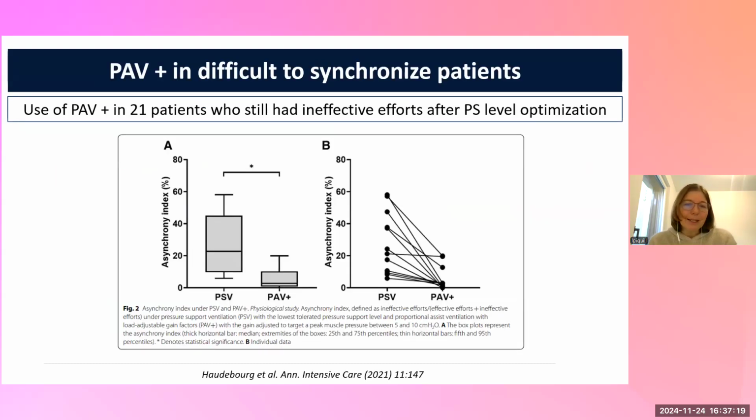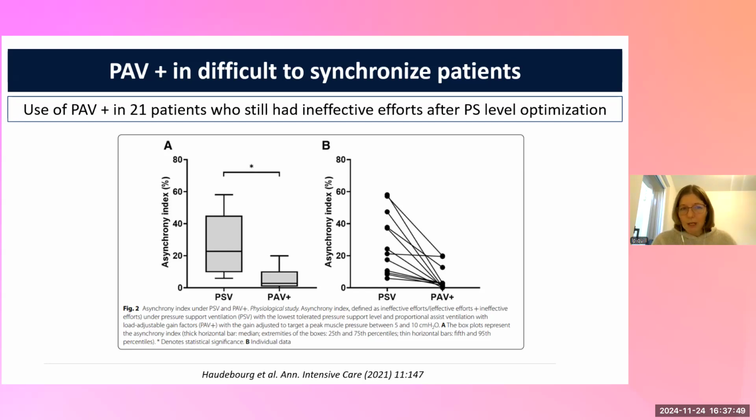Very interestingly, this is a paper published a bit more recently by the team of Guillaume Carteaux once again. They looked at patients who were difficult to synchronize. They took patients who still had all the steps performed in pressure support ventilation to improve patient-ventilator synchrony. Everything was changed. Pressure support was adapted, the expiratory trigger was improved, and so on.